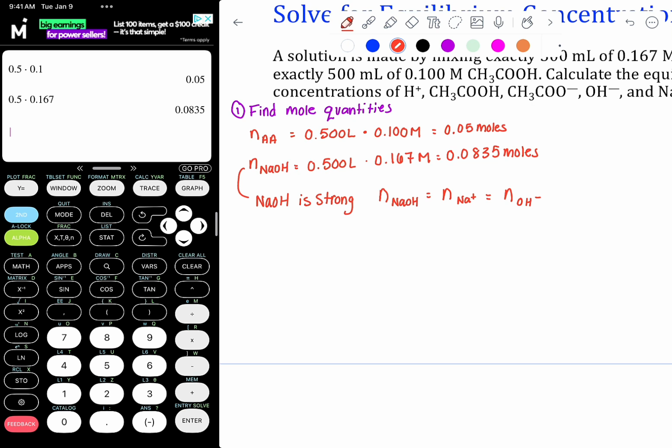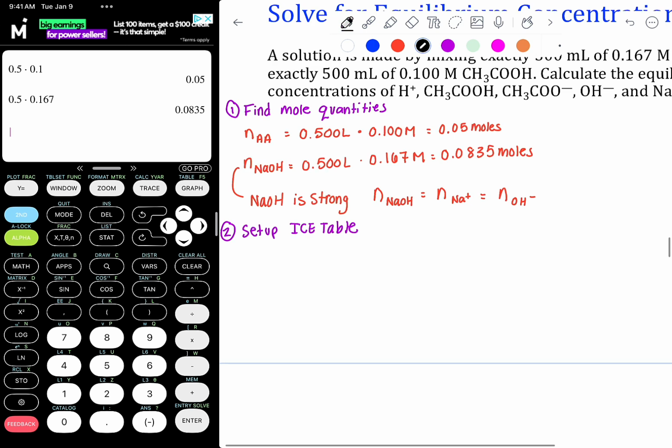So now that we have our molar quantities, this is when we want to set up our ice table. Okay, so we have our initial amounts of each of these in solution, which means that we can then solve for our equilibrium values. We know that ice tables can give us a lot of that information.